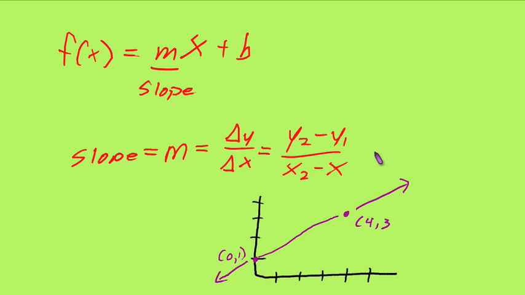We can figure out what the slope of this line is by plugging into our equation. We got 3 minus 1 over 4 minus 0. That's going to give us 2 over 4, or equals 1/2. And this is the rise over the run. We'll draw a little triangle here.